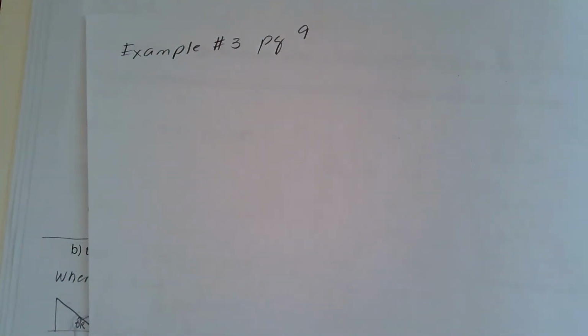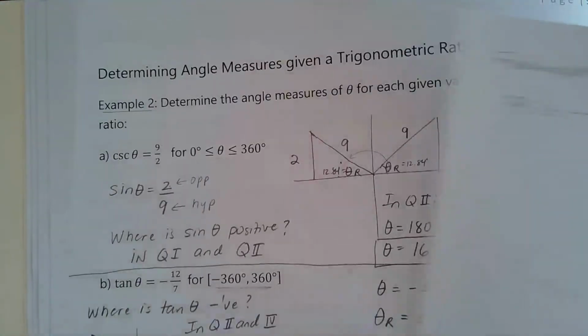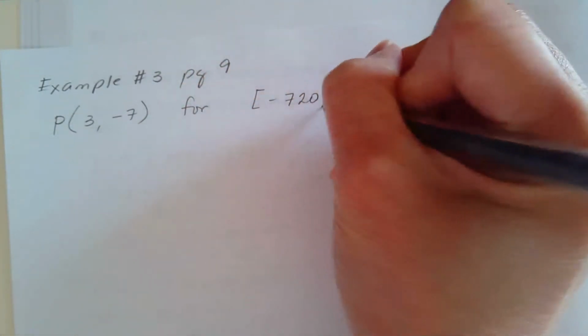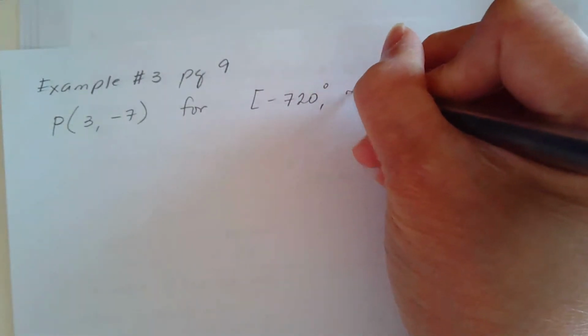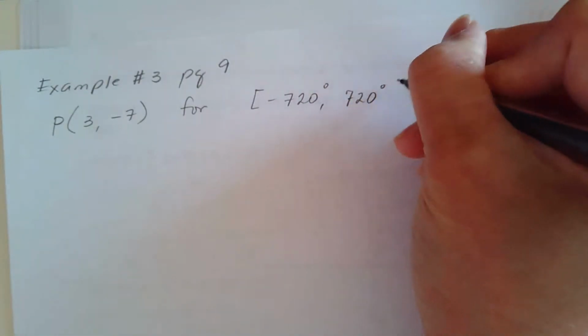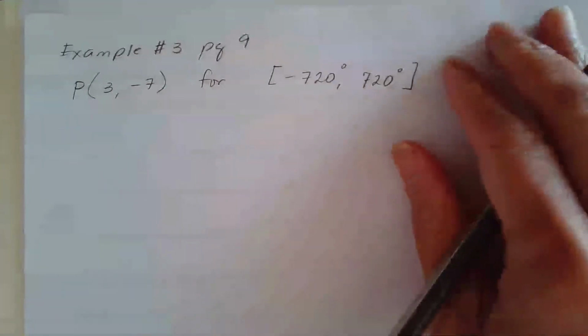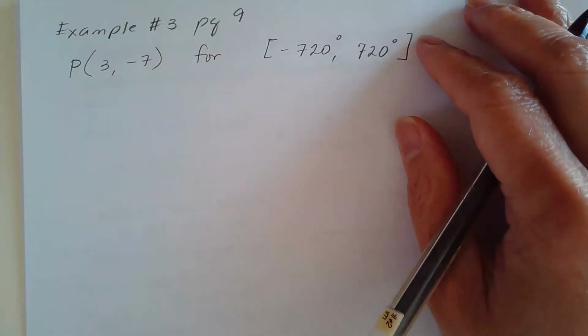Okay, so the point is at 3, -7. And we know the angle theta is between -720 degrees and positive 720 degrees. Okay, we need to visualize this. Where does this terminate?